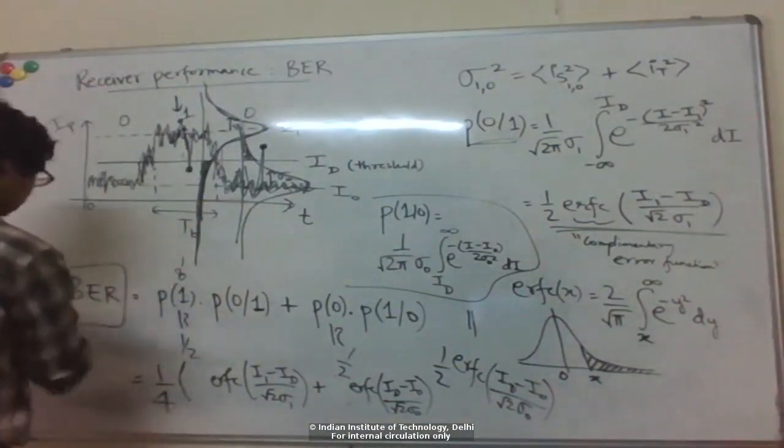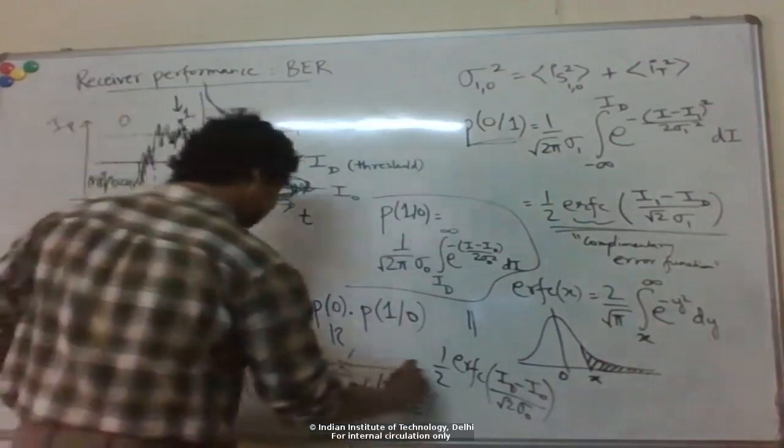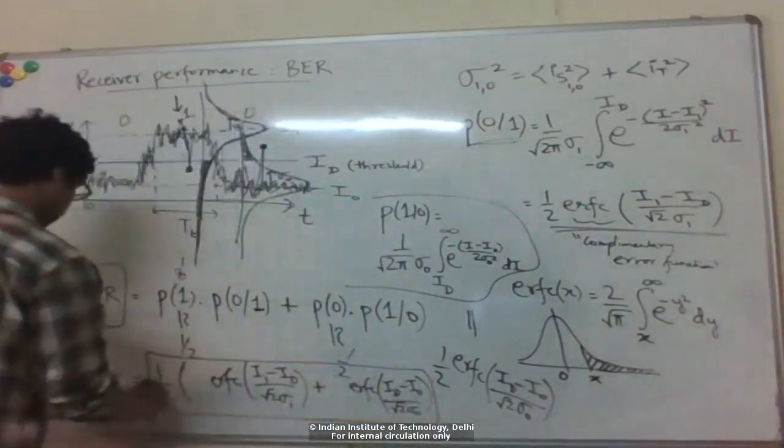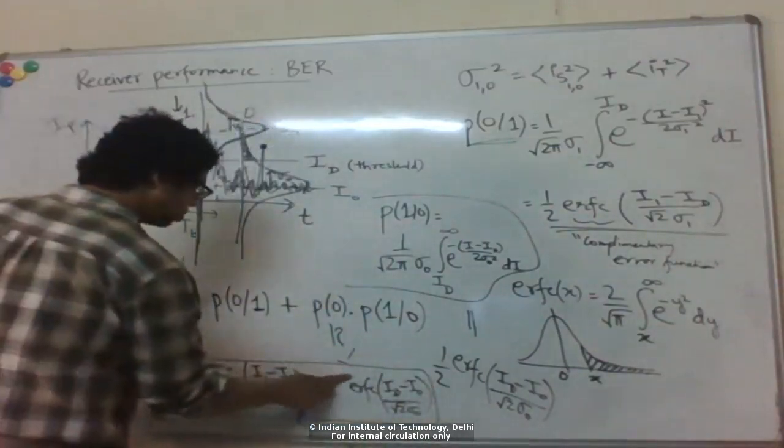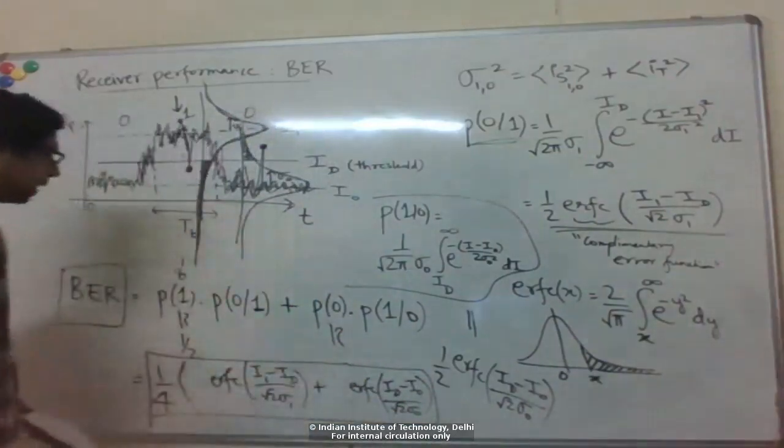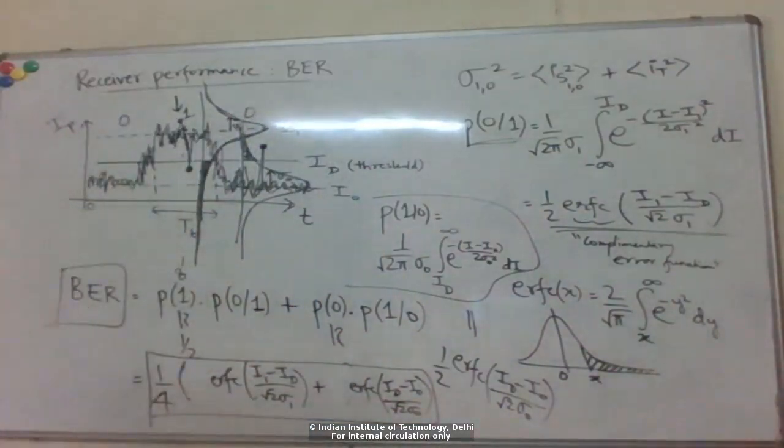So that's the expression for the BER that I have now in terms of actual things that I can measure at the receiver, right?